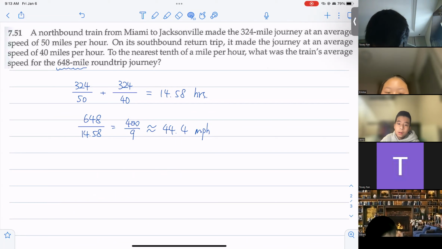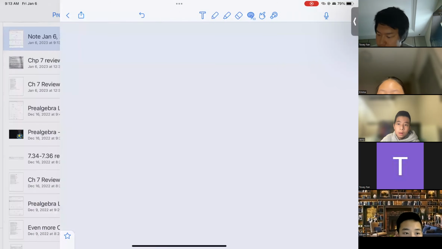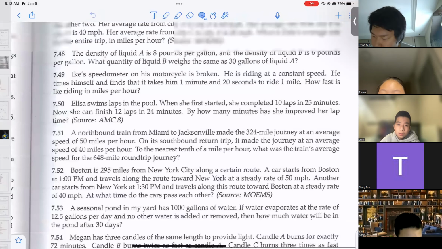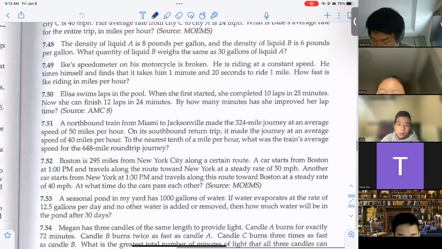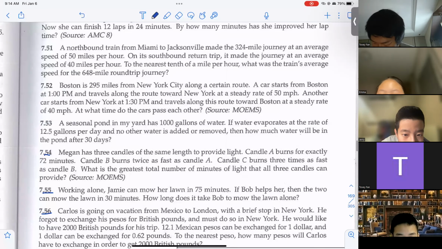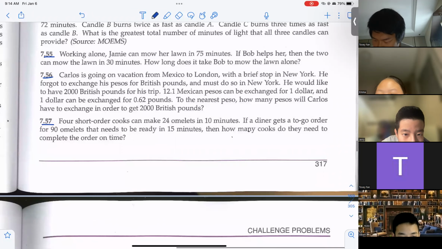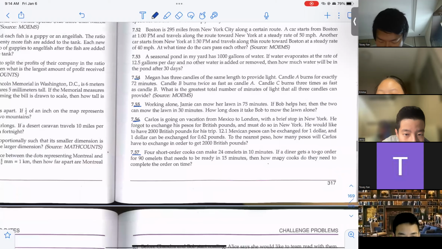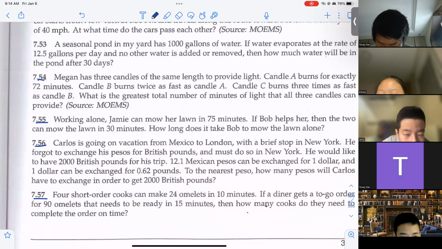So next, I think 54, 55, 56, 57, 58. Okay, maybe just these first.